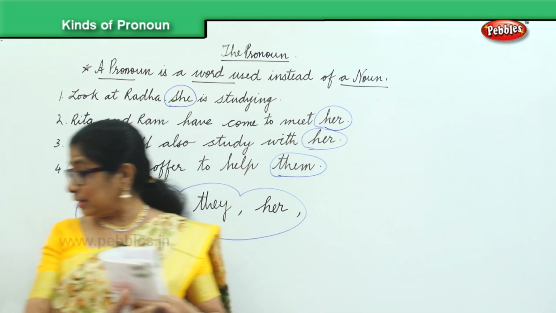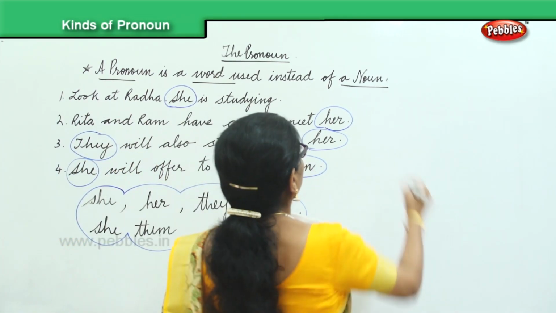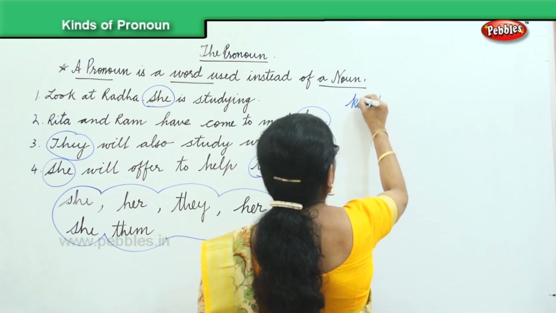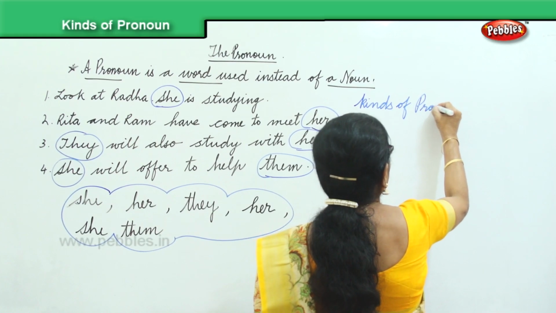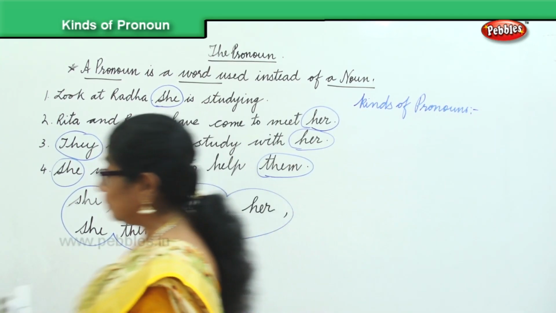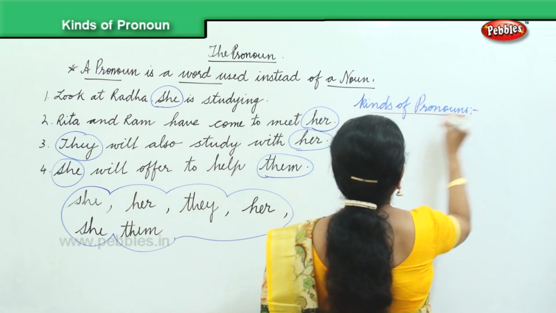So just let us quickly look at the kinds of pronouns. We have 9 kinds. It's very simple, all of them, but we need to be careful.